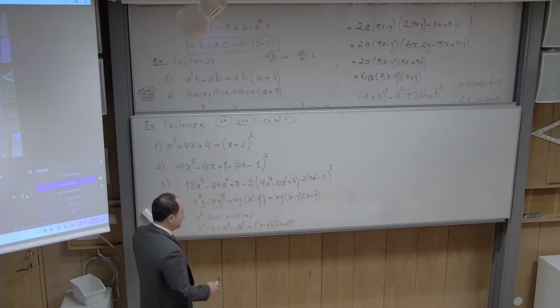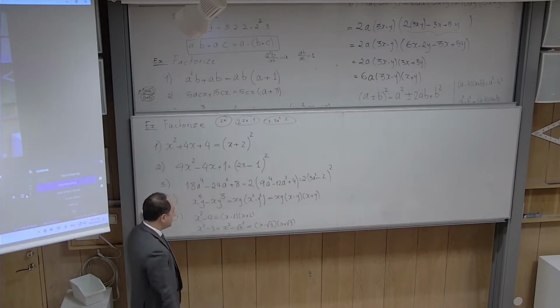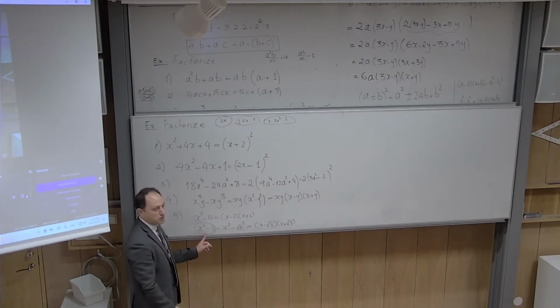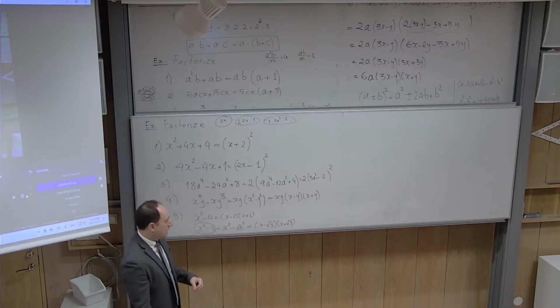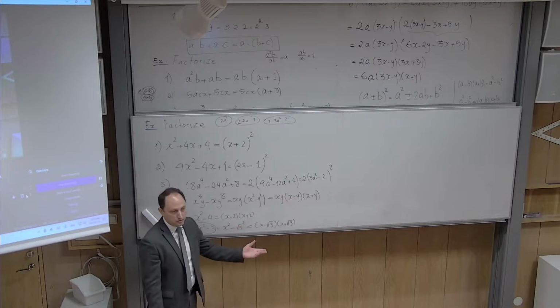One thing that I want you to understand, are these equalities correct? Yes, they are 100% correct. It's a true equality, okay? But usually in our lessons, when I say factorize this, you should stop here. Because by default, I mean to use only integers as coefficients.